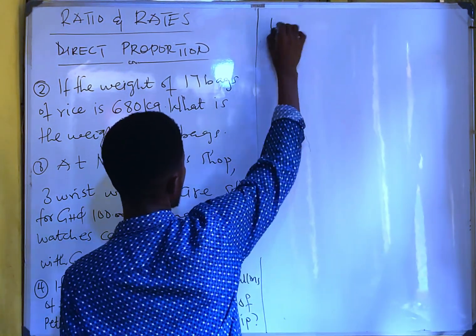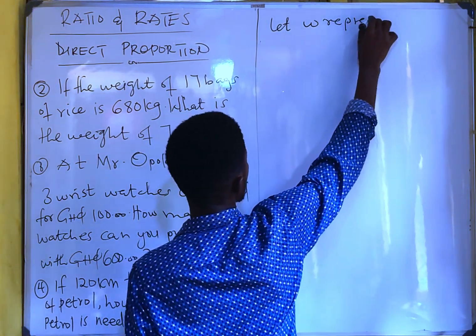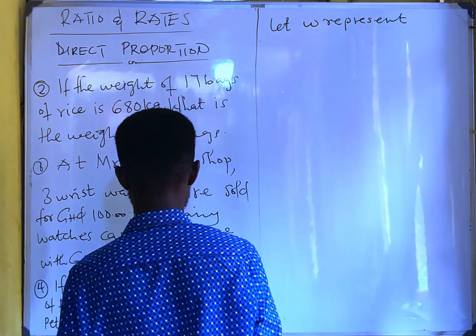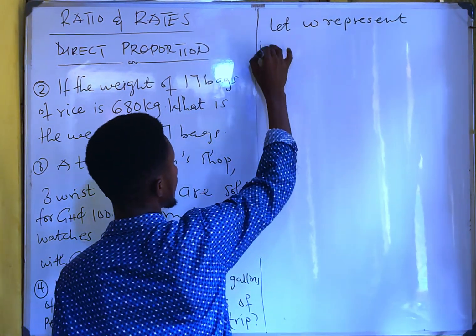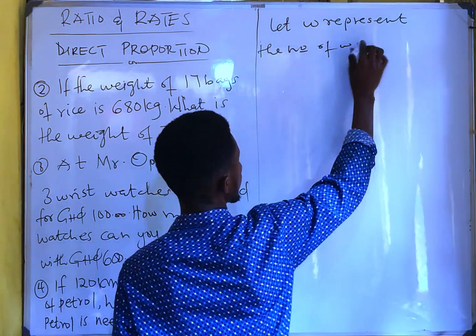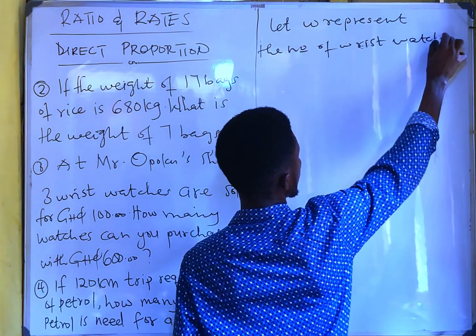So first, you say that let W represent the number of wristwatches.